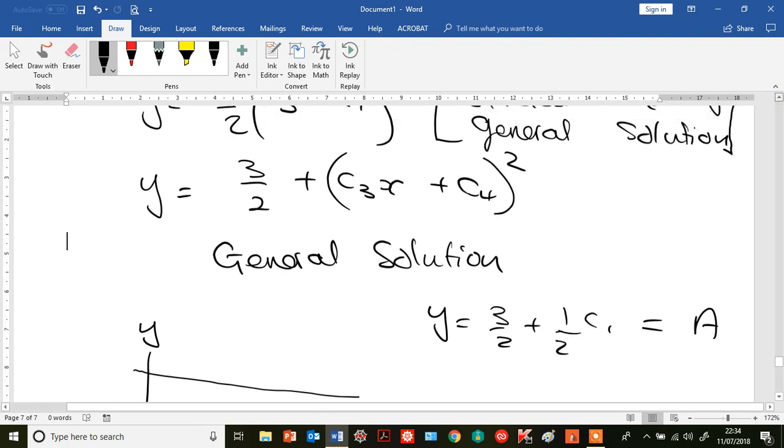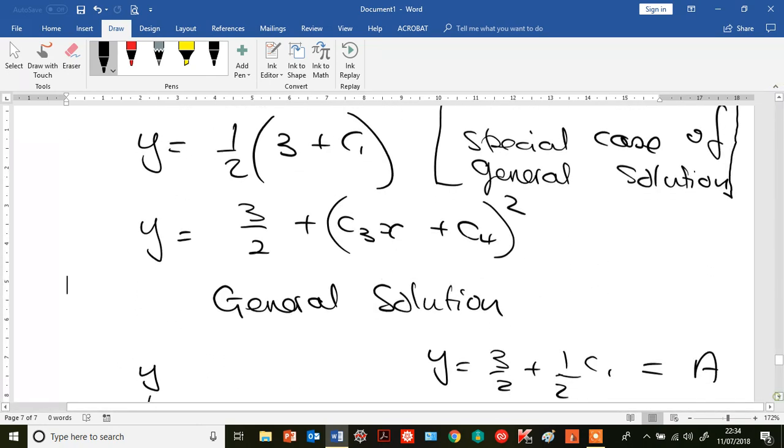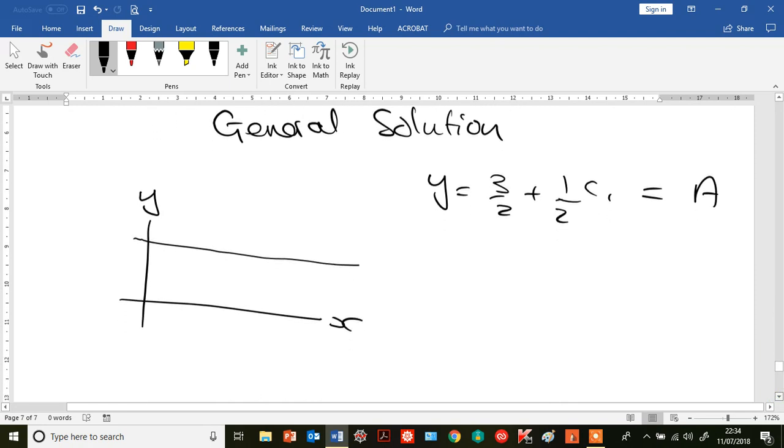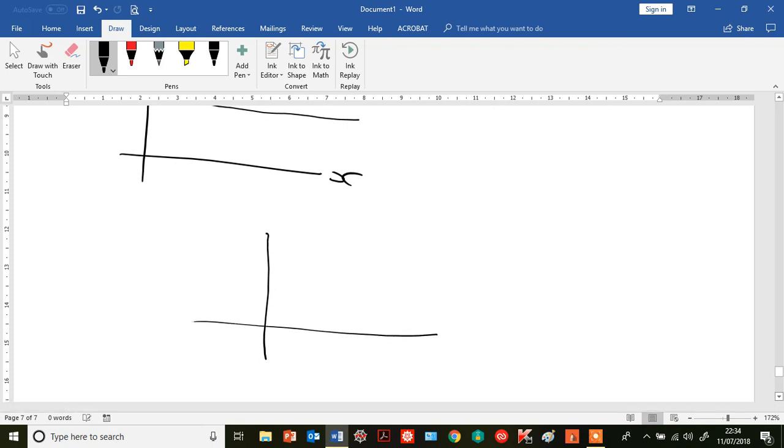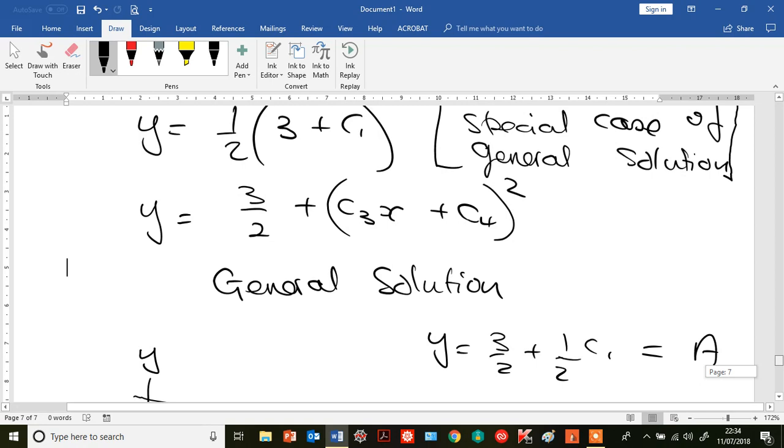With the general solution, that's just a little bit more complicated. What you're actually going to get is probably something of quadratic form, which we could plot.